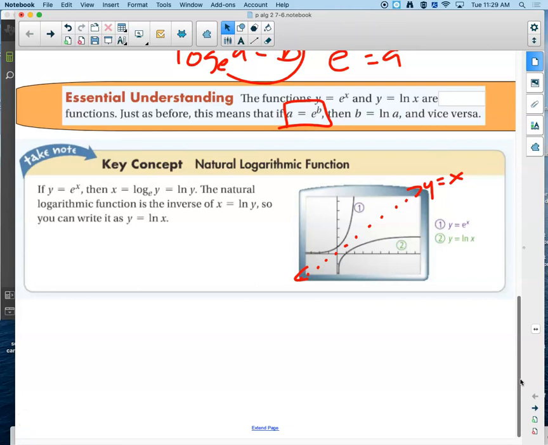So if y equals e to the x, then x equals logarithm base e of y, which is the natural log of y. The natural logarithmic function is the inverse, so we can rewrite it as y equals natural log of x.